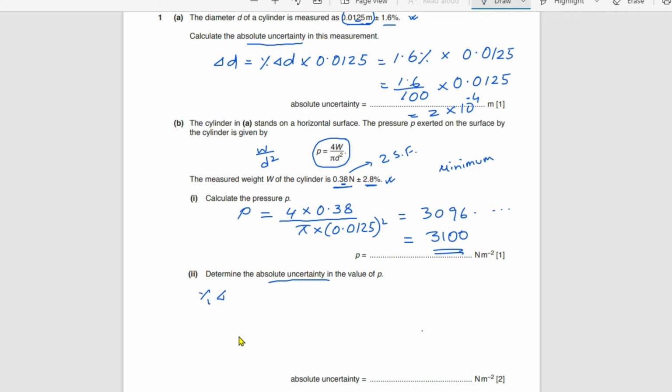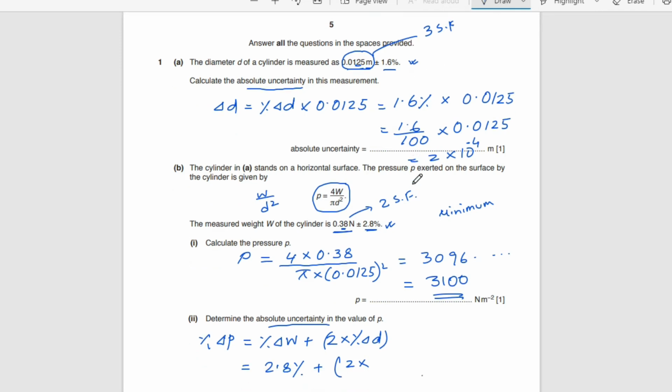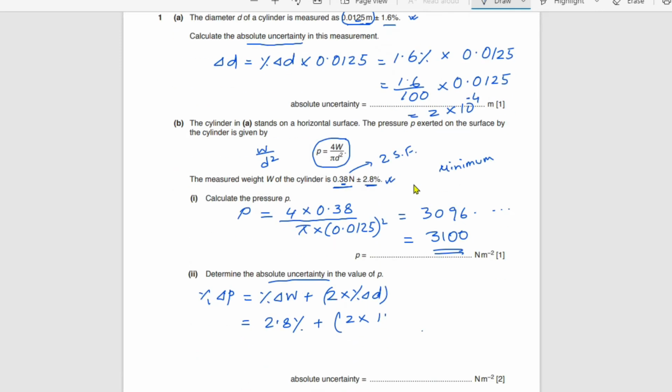So we make use of the rule that the percentage uncertainty of pressure is equal to the percentage uncertainty of weight plus 2 times the percentage uncertainty of diameter. 2 times because the diameter is squared in the equation. So we substitute the values and we calculate the percentage uncertainty of pressure, which we get as 6%.